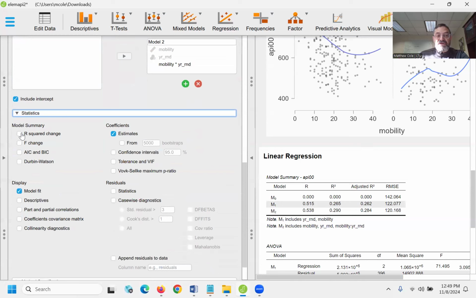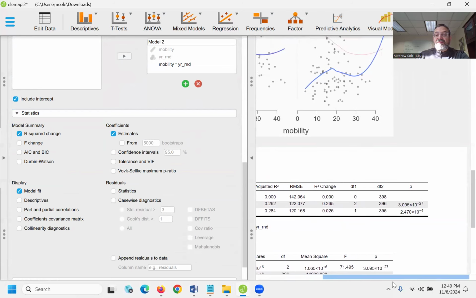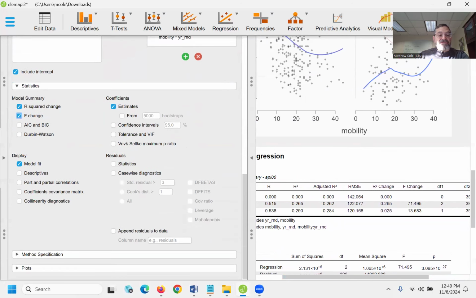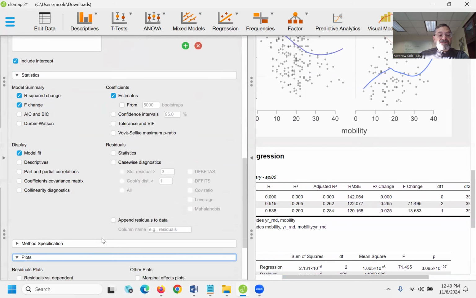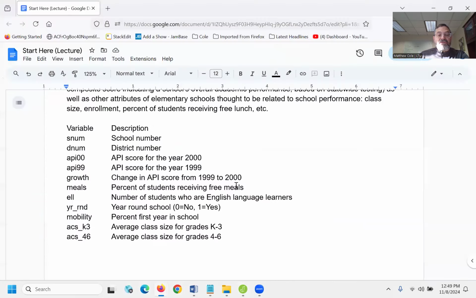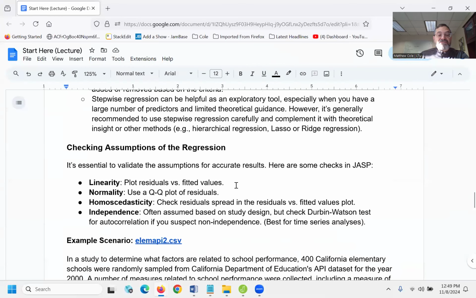So now in our statistics, we want to make sure we click on R squared change, and then we want to click on F change. And then under the plots, we want to click on what I had said here that we would do when we're looking at the assumptions.